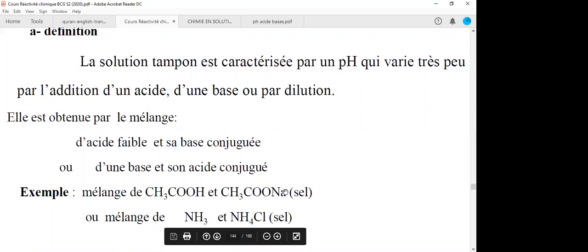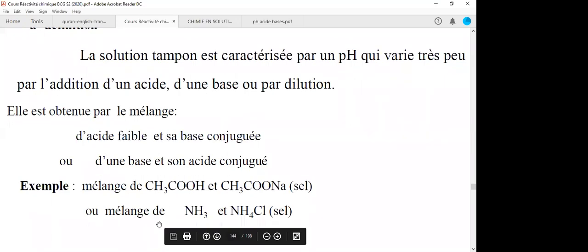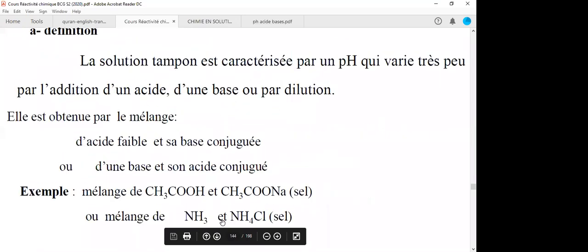When you remove sodium Na+ here, you're going to have CH3COO-, the conjugate base of this acid. Or mélange of NH3 and this salt, NH4Cl, ammonium chloride. You mix these in order to form a solution tampon.